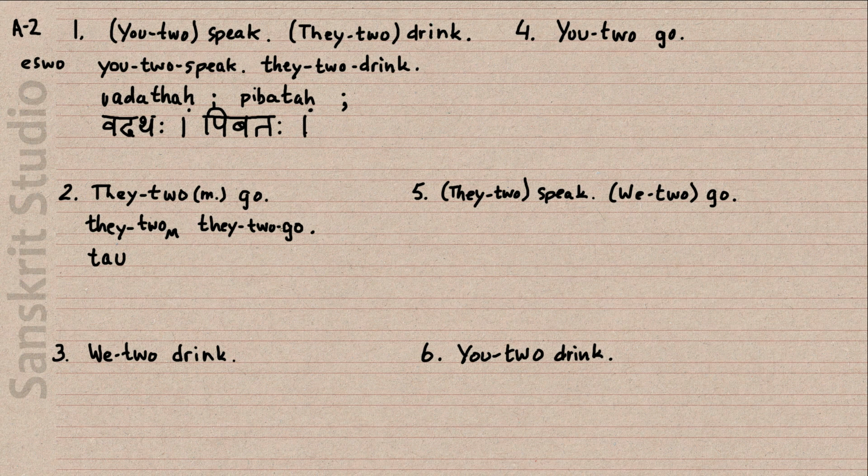And they two go, so going is, he goes is gacchati, but now we have they two, so that's third person dual, and that means that we want one of those. Once again, as we had in number one for drinking, we had a ta visarga ending here, so tau gacchatah, dental ta, like that, gacchatah.